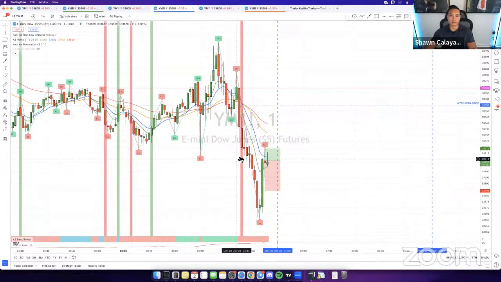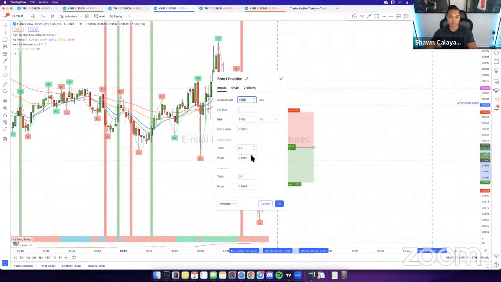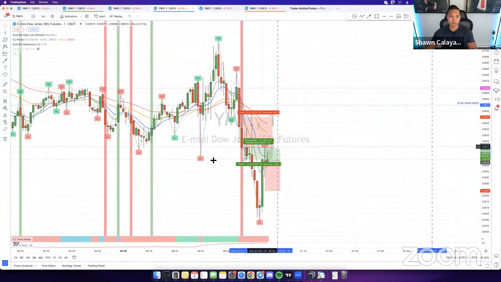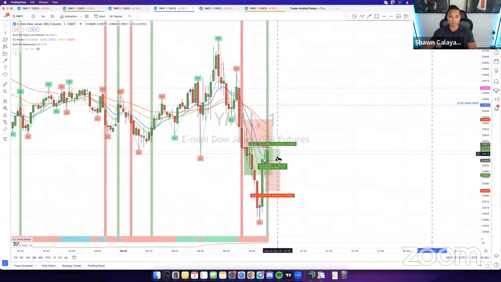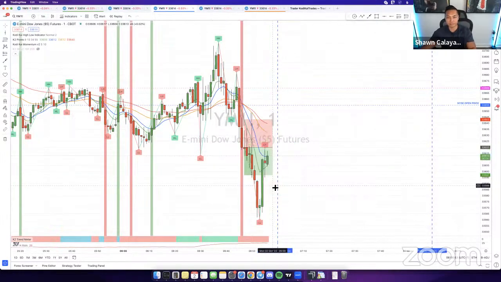I just realized I missed the entry here for the intraday scalp. I don't know if anybody took the intraday scalp. It actually came up right here. Sorry, guys, I wasn't paying attention to it, but it did come up right there. ATR at that time was 23. Yeah, I'm a mess today, guys. I totally missed that trade.